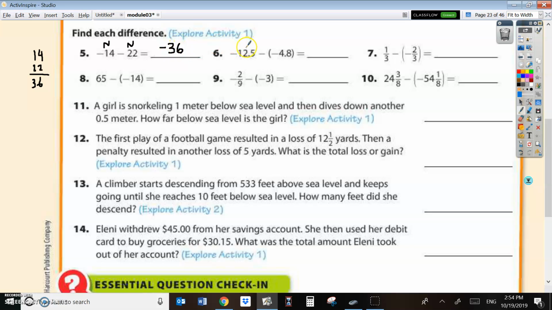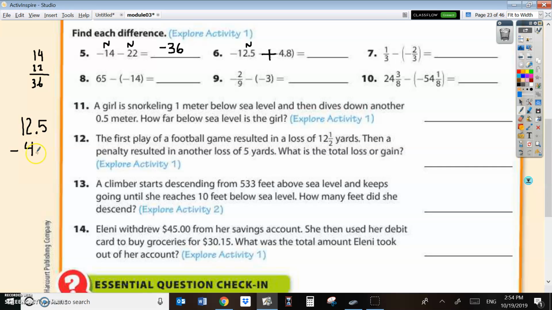This is negative, but then subtracting a negative is like adding a positive. So now we have different signs, subtract. So you've got negative 12.5. You actually don't need the negative right now. Just do 12.5, and then minus 4.8.